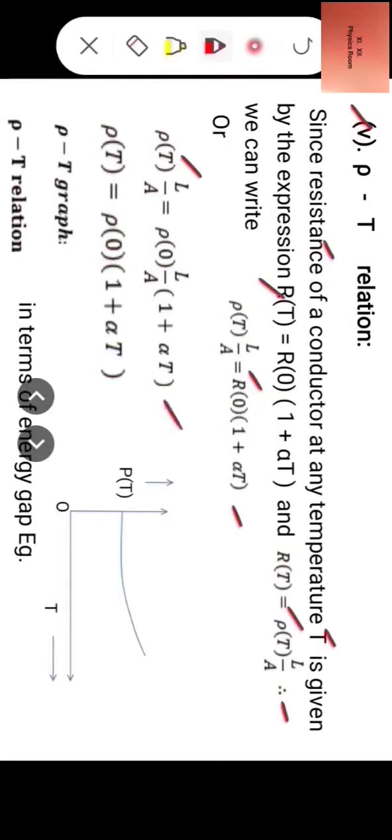Now, ρT is equal to ρ0 into (1 plus alpha T), because L by A cancels.